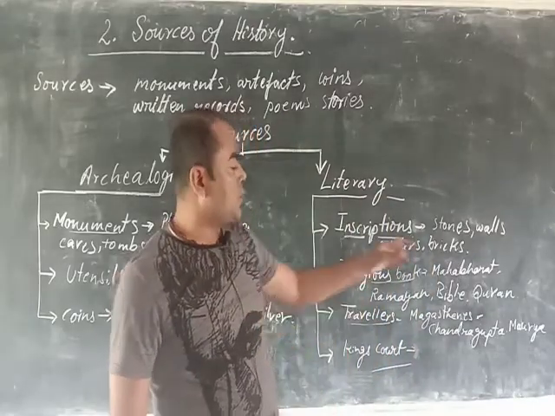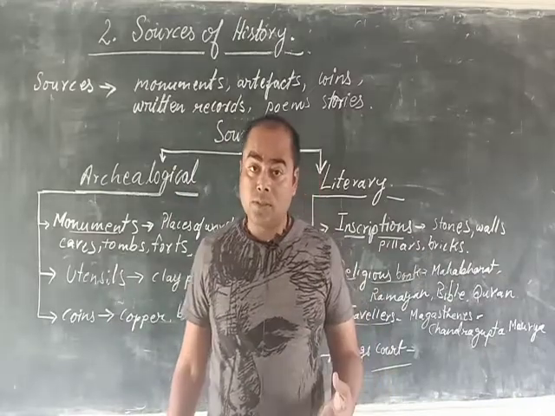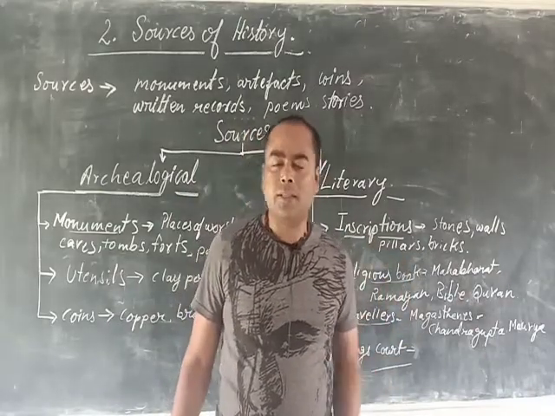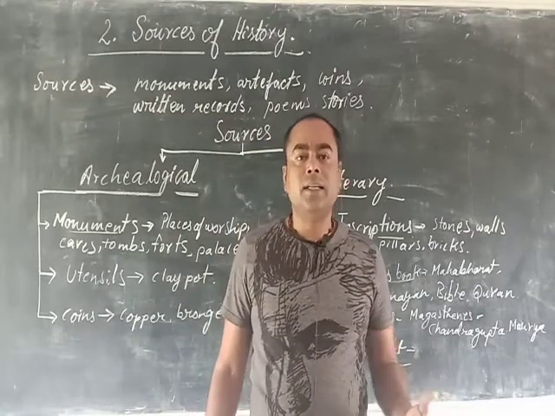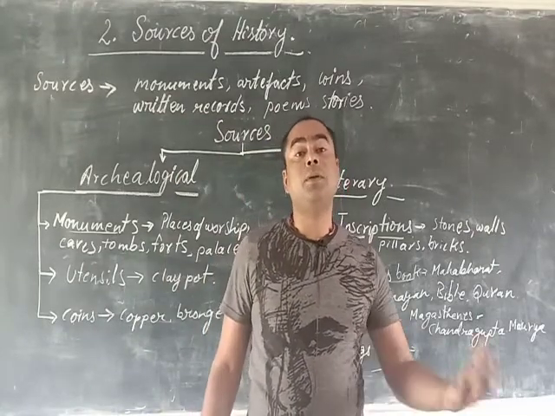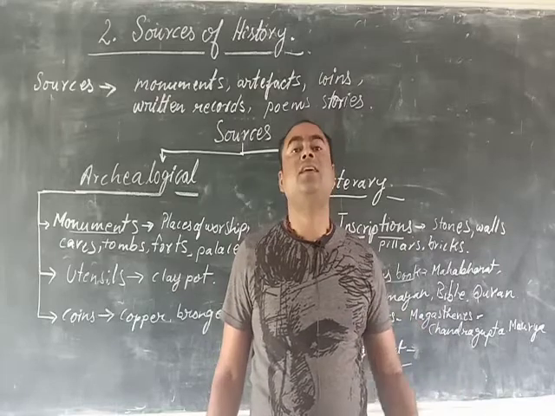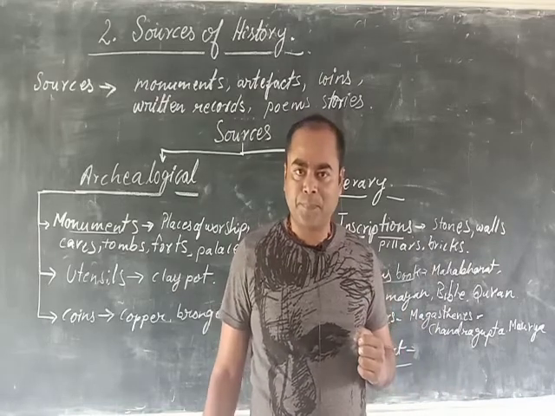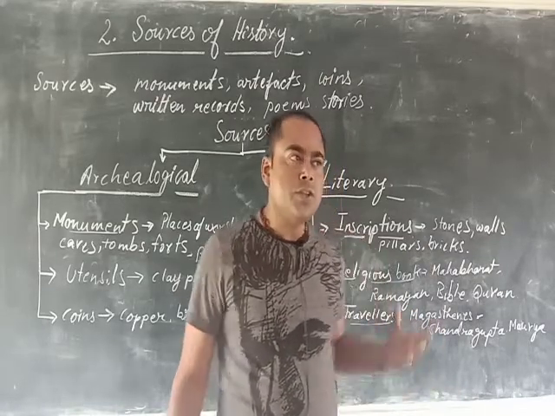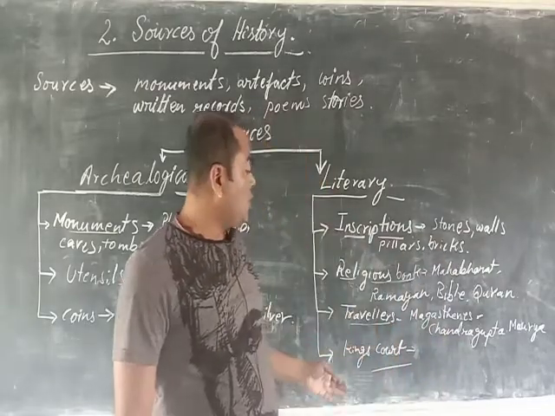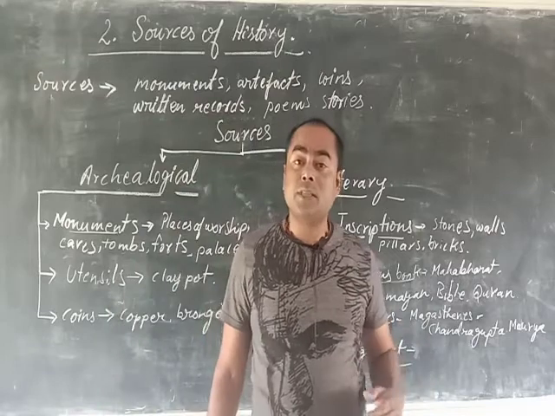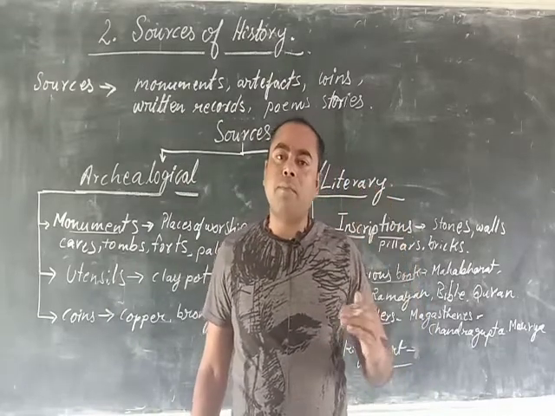Next, religious books. Religious books such as the Mahabharata, Ramayana, Bible, Quran give us knowledge about the people of that era and the gods they were worshipping. So these religious books give us knowledge about history. The third one is travelers. Different travelers, explorers, travel from one place to another.